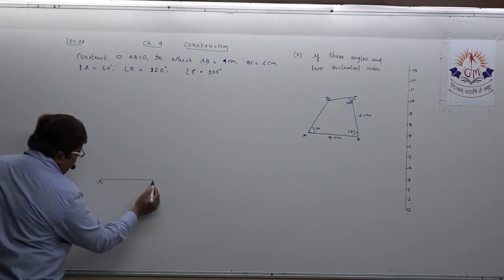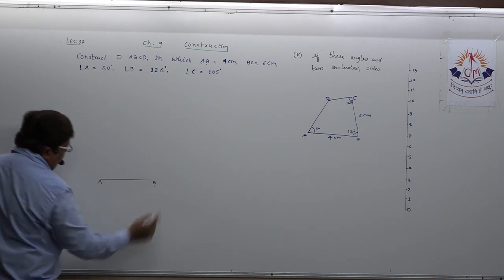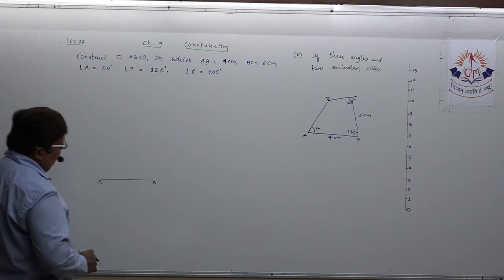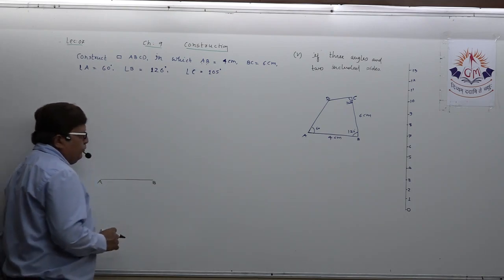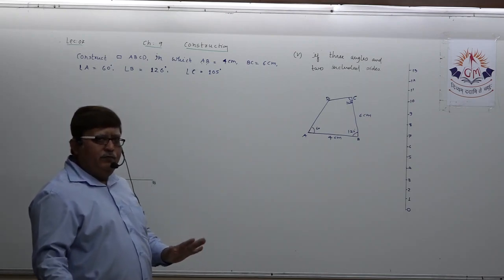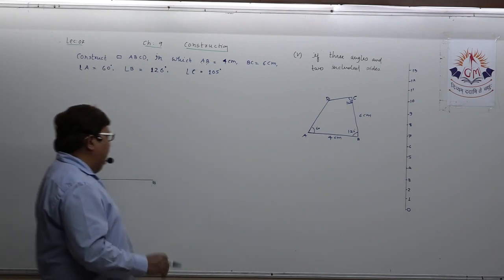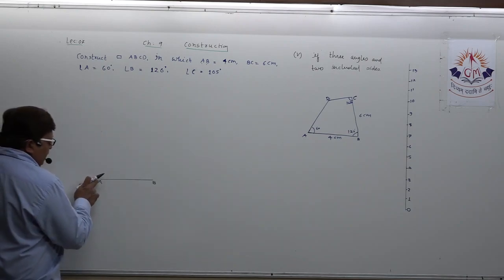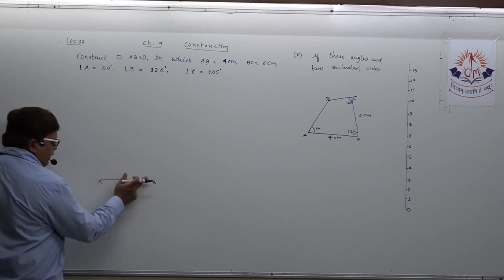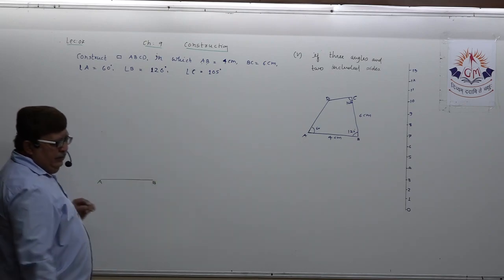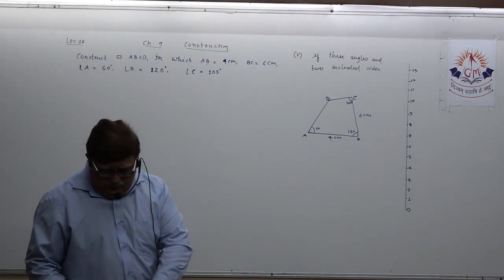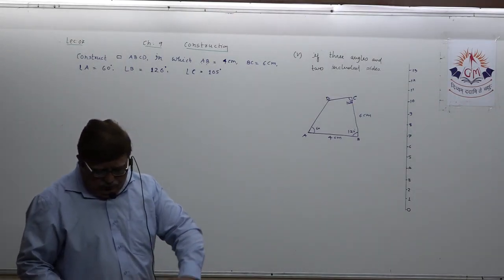AB of 4 centimeter we have already drawn. Now dear student, rough sketches are always arbitrary, just for understanding and nothing else. Here I have to generate an angle of 60 degree. Here I have to generate an angle of 120 degree, as you all know.